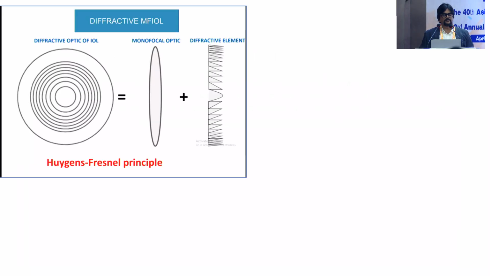This is the picture of the diffractive optics of an IOL. This is basically a monofocal IOL, and a diffractive element has been incorporated upon it. This idea came from the Fresnel principle.